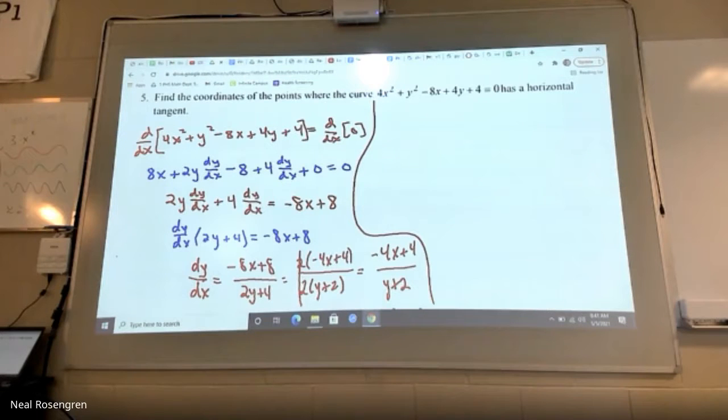I saw 2 in common everywhere. And if you're comfortable with it, you don't have to show me that you factored it out in order to divide it away. You can divide it away. You can simplify. You just want to make sure that you do it everywhere. Nice.